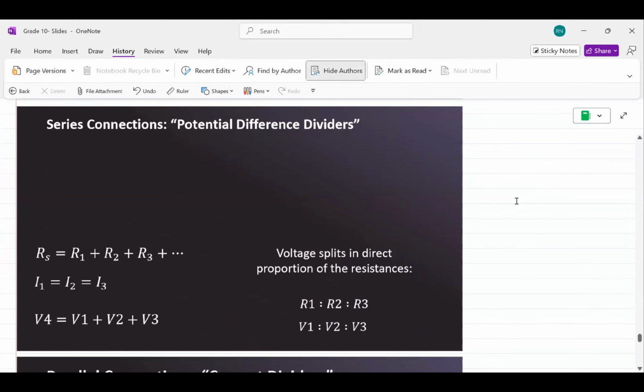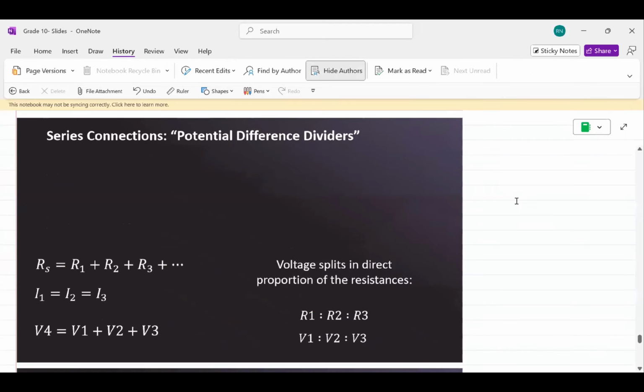Then we look at series and parallel circuits, and calculate the resistance, current, and voltage for those. So we know that a series is a circuit where there is no current branching. There's no other path for our current to flow.